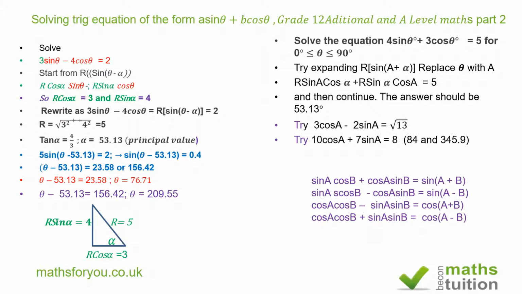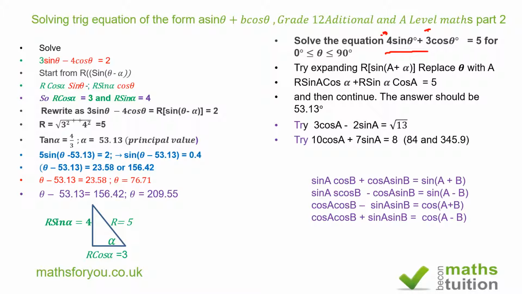Okay, so now for this one, the value of tan alpha is 3 divided by 4. Don't forget, it is the coefficient of the second term divided by the coefficient of the first term.